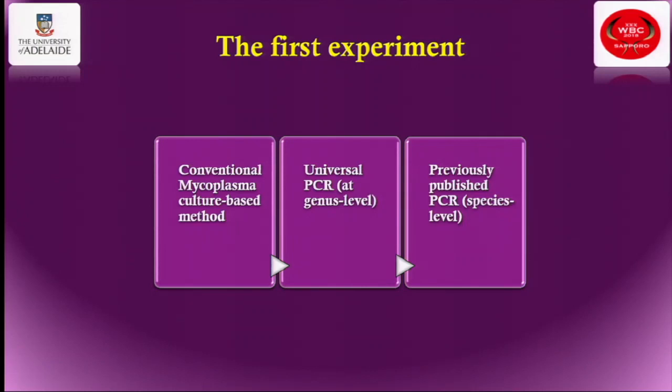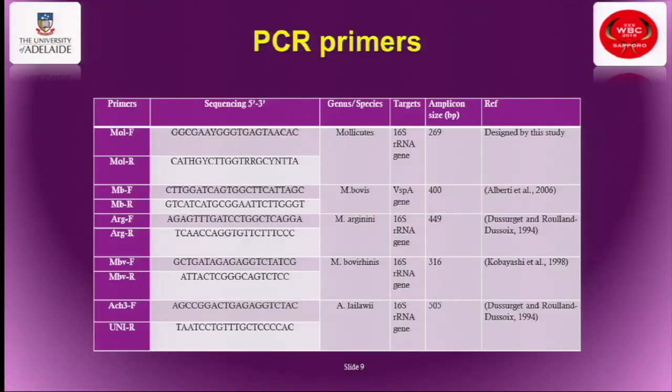Then we compared the results with the culture-based method and also with a previously published PCR-based method. We used ATCC strains of some mollicutes as positive controls, and we also confirmed all these results through Sanger sequencing. These are some of the primers that we used in this study.